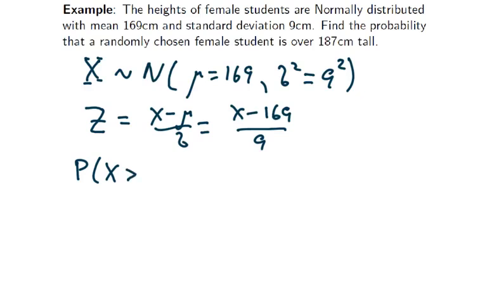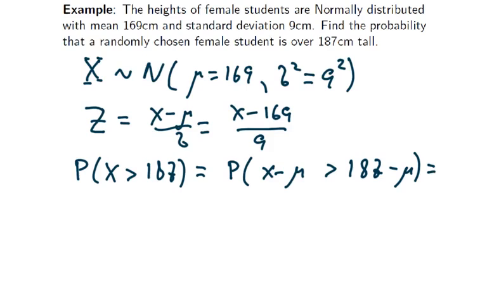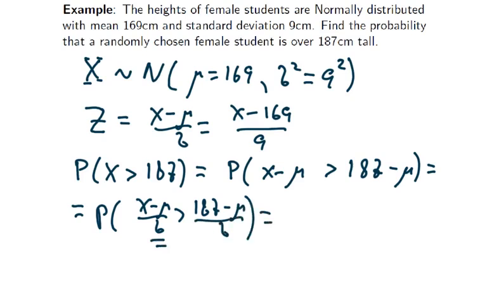Then the probability that X is more than 187 is equal to the probability that X minus mu is more than 187 minus mu, and this equals the probability that X minus mu divided by sigma is more than 187 minus mu divided by sigma, and this is Z. So it equals the probability that Z is more than 187 minus 169, and sigma is 9.